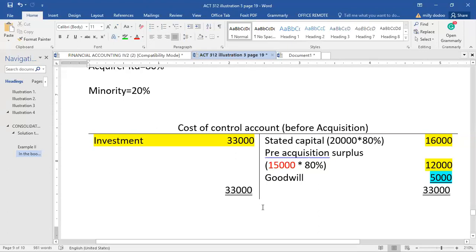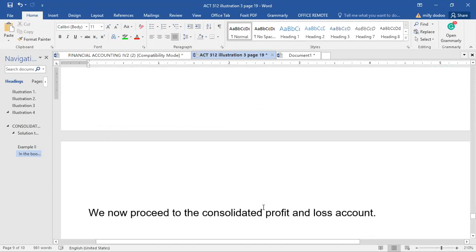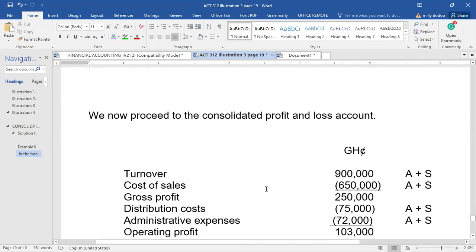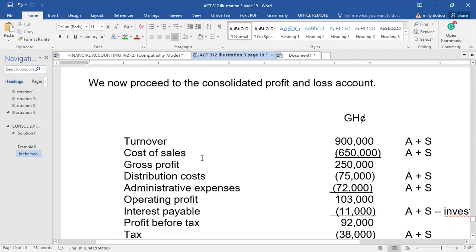Then from here, you prepare your consolidated profit and loss account. When you look at the question, the turnover for Acquirer is 600,000. A plus S here means I'm adding Acquirer and Swallowed.